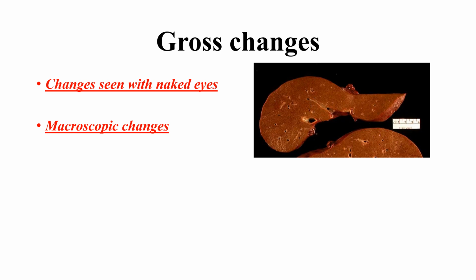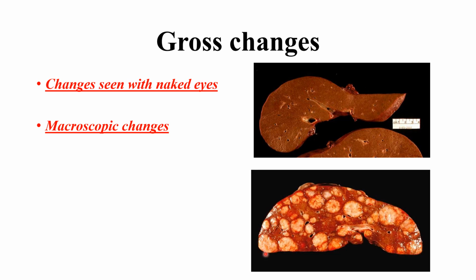Next terminology which you will come across commonly in your textbook is gross changes. Gross changes are the changes that you see in the organ with your naked eyes. Gross changes are also known as macroscopic changes. Take the example of a normal liver. This is the normal cut section of the liver, which is meaty brown in color. Now suppose in the same liver there is cancer.